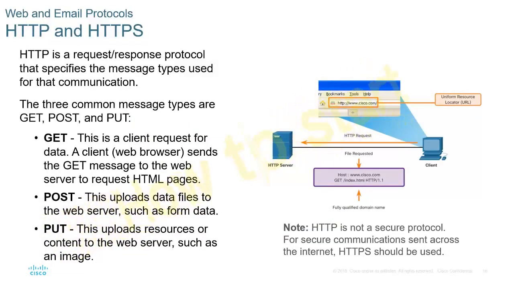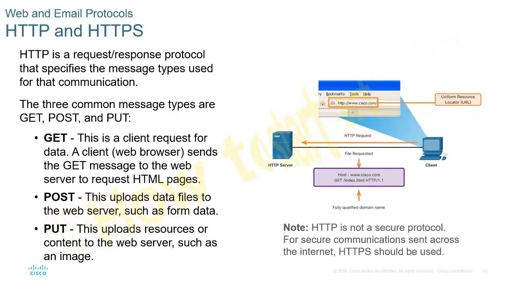So HTTP and HTTPS have several common messaging types. Three, just for example, are GET, POST, and PUT. GET is what is used to retrieve web requests. POST is basically to upload a data file to a web server, such as a data form.